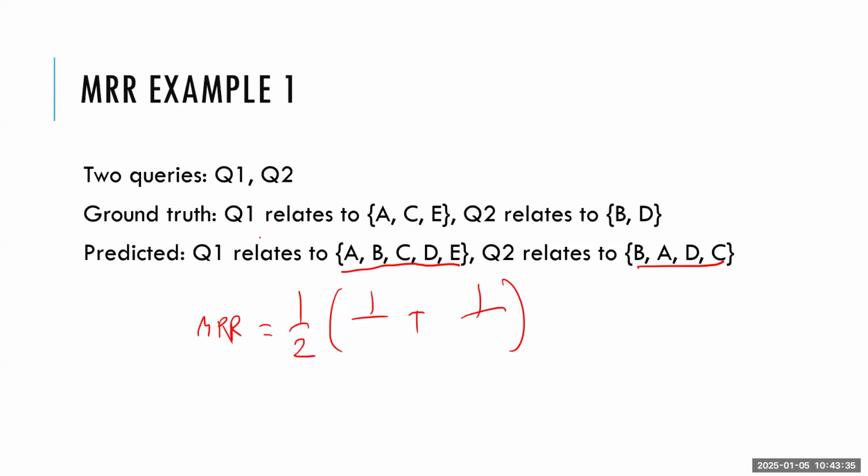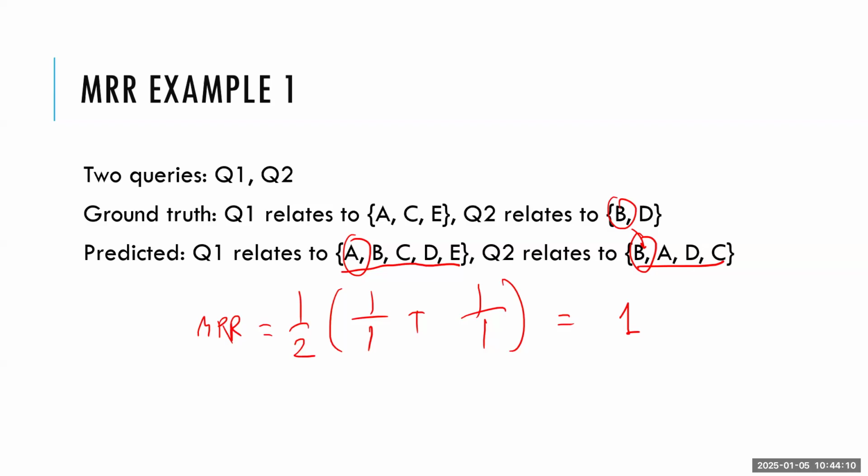So for the first query, the highest relevant document is at rank number 1. So I get 1. For Q2, the relevant document is placed at rank 1. So I get 1/1. So I get an MRR of 1. So this is the perfect ranking. It doesn't care about the rest, as long as one relevant document is placed on the top, it's okay.